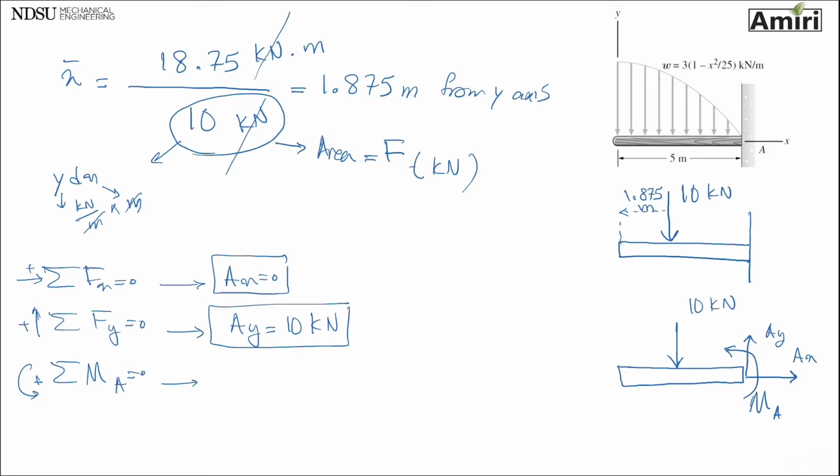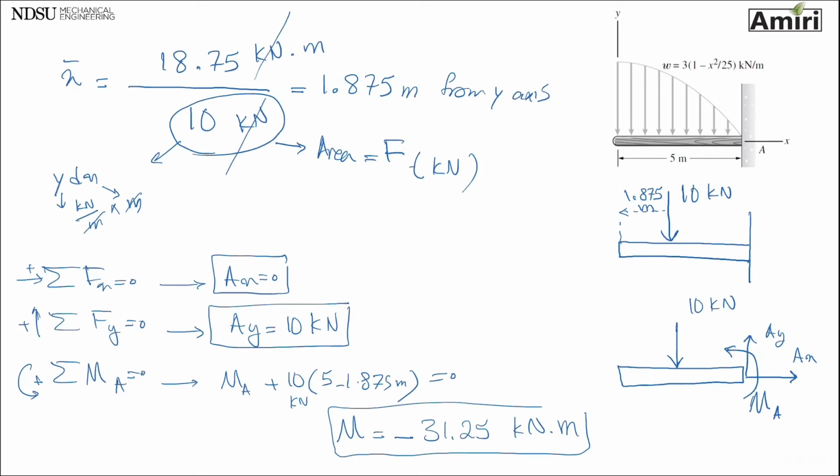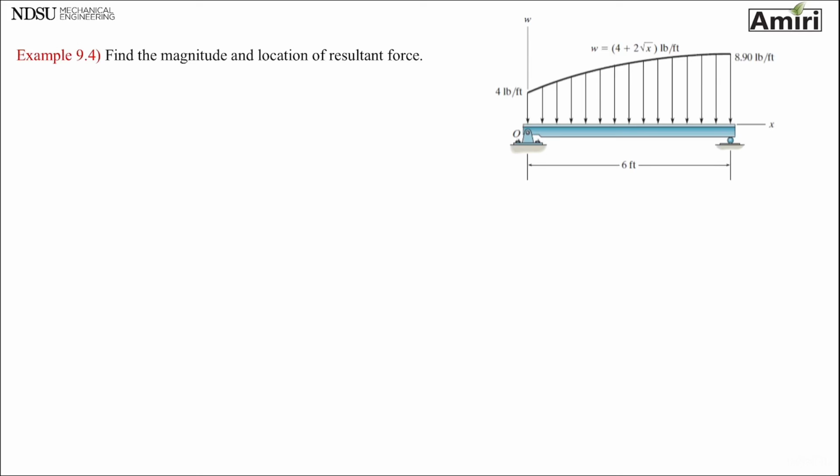Let's see, I have moment A, I have a 10, 5 minus 1.875 meters equals 0. Moment is going to be minus 31.25 kilonewton meters. I got a negative, means the way I drew it on the free body diagram should have been the other way. Okay, let's look at another one of distributed load.